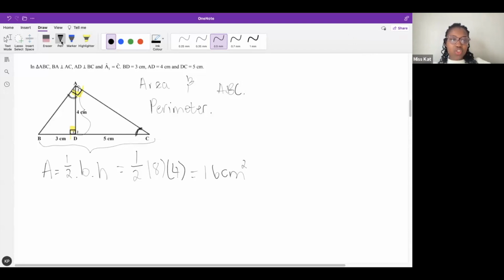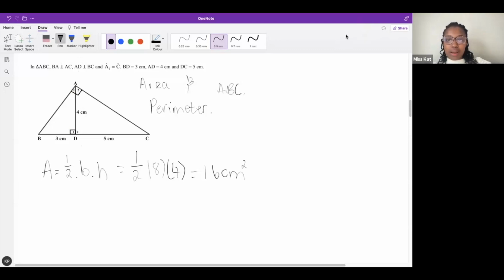the big triangle. Do I have enough information for perimeter? No. Thank you, Mikhail. We need to do Pythag. Which two sides are missing? Okay, well, I already told you it's two sides.